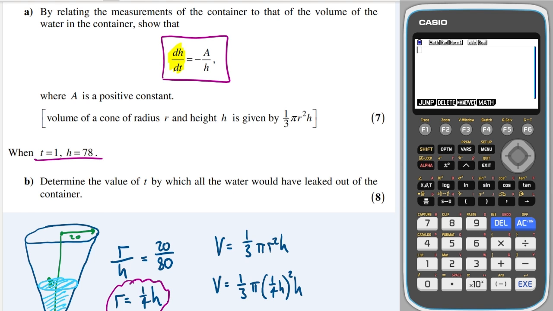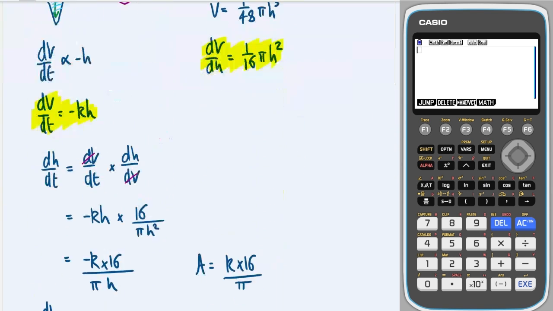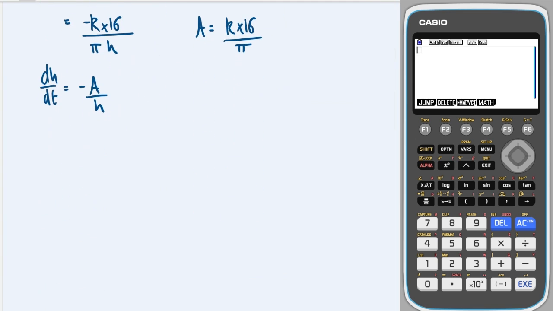So it needs to solve this differential equation basically. Okay, so separate the variables. We're going to get h dh is equal to minus A dt by multiplying up from either side, and then we're going to integrate. This is going to give me a half h squared, and this is going to give me minus A t plus c.